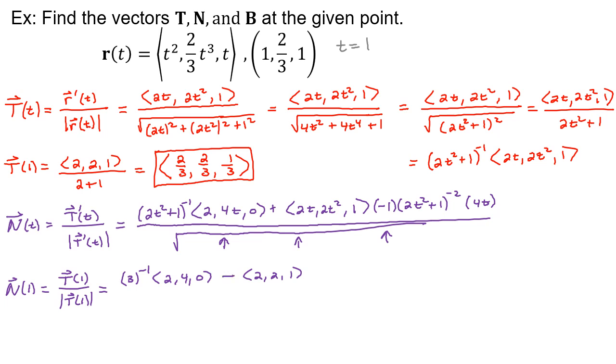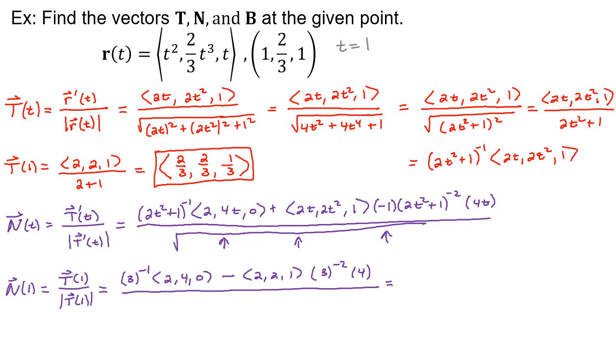Then 2 times 1 squared is 2, plus 1 is 3, so I have a 3 to the negative 2, times the 4. I'm not going to touch the bottom yet, because I want to make the top as nice as possible.